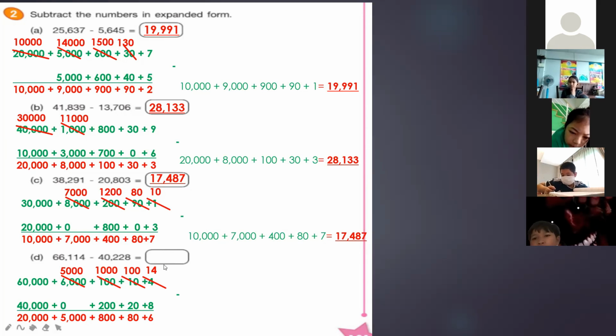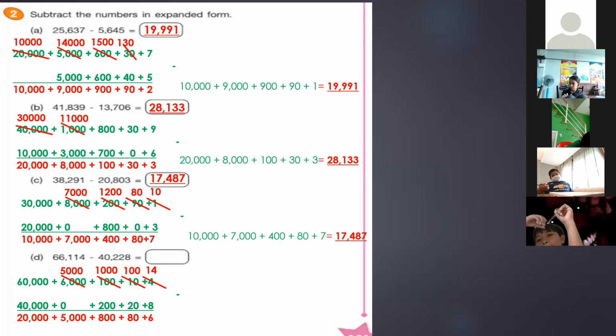So 4 becomes 14. 14 minus 8 is 6, and 0 is smaller than 20. So we have to borrow 100 from 100. So 0 becomes 100, and 100 minus 20 is equal to 80, and 0 is smaller than 200. So we have to borrow 1,000 from 6,000.